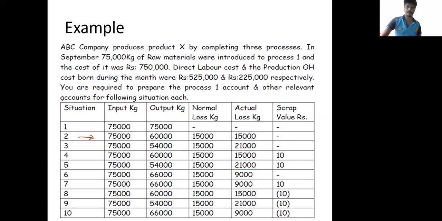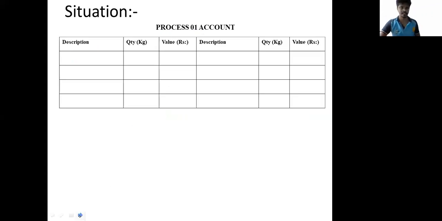Okay, now let's start. Prepare a process 1 account. This is situation number 2. So first let's put the production cost.